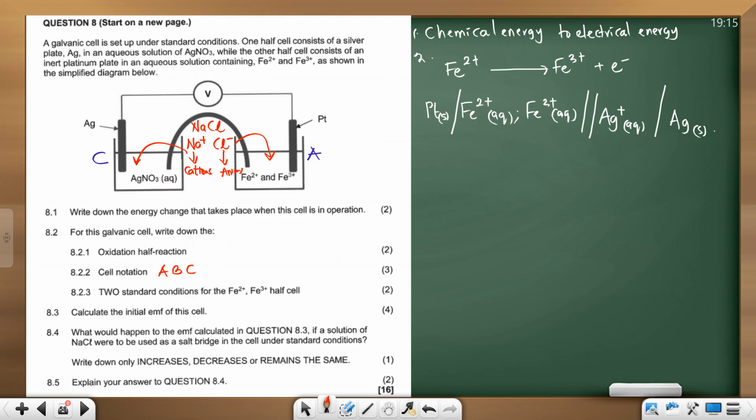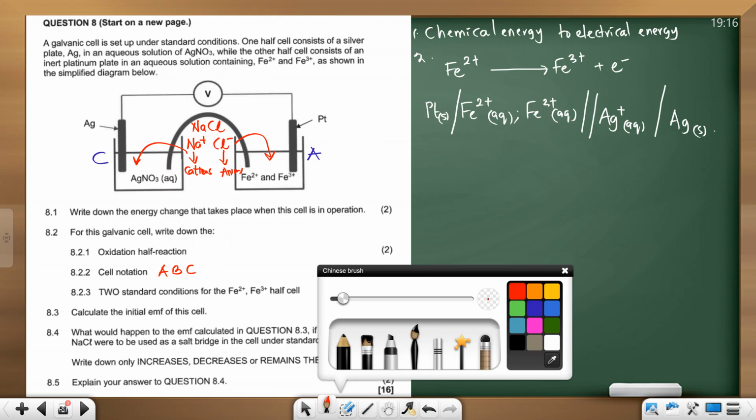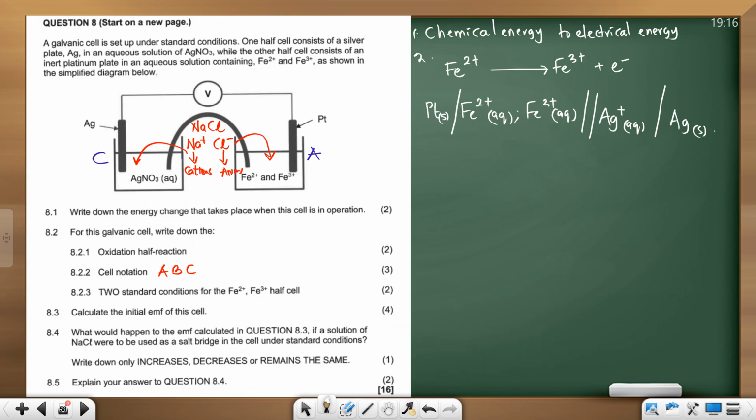But it's wrong. They should have used a different element there. Maybe they should have used iron itself. But I hope you get the whole system. So here they wanted to form a precipitate, but it was an error. They didn't form the precipitate. So I don't know whether they cancelled the whole question 8.4.